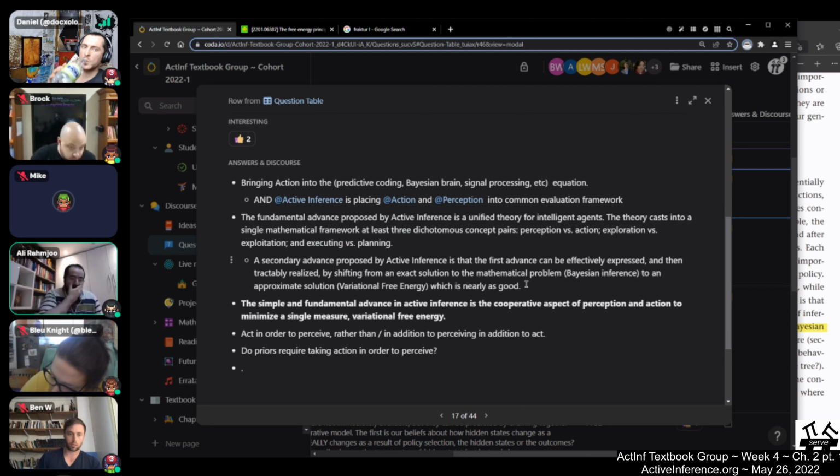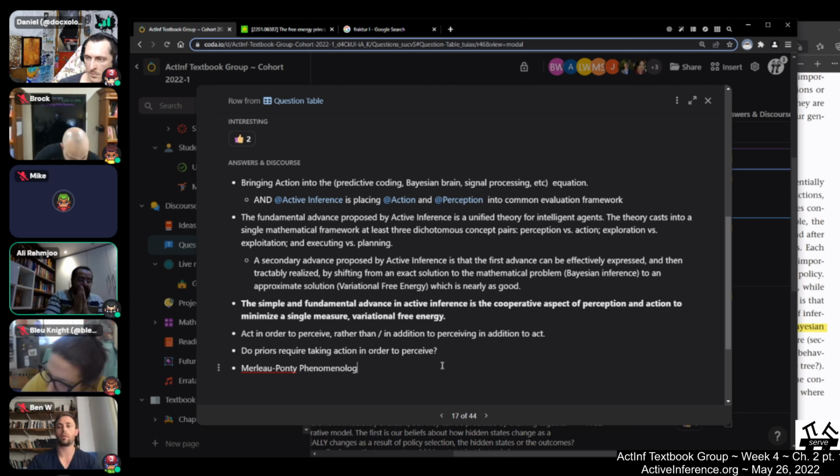Going back to Barthos and his definition of perception as simulated action, I think it also relates nicely to Merleau-Ponty's phenomenology. Merleau-Ponty has a famous insight: vision is the brain's way of touching.